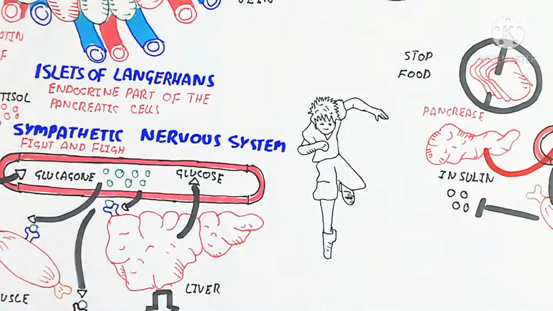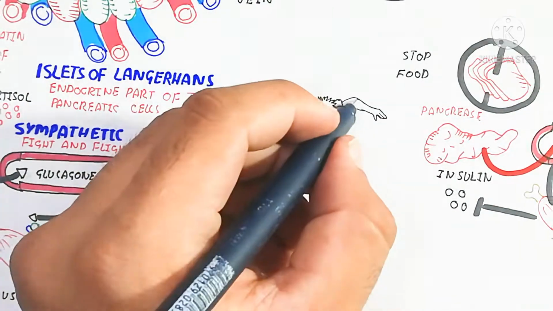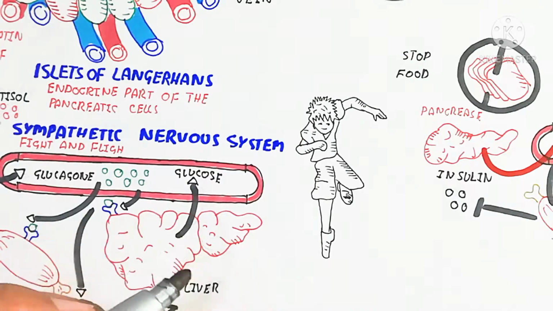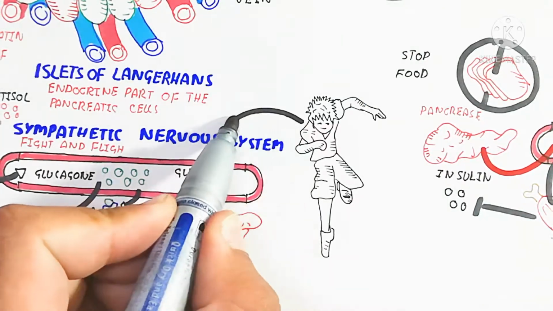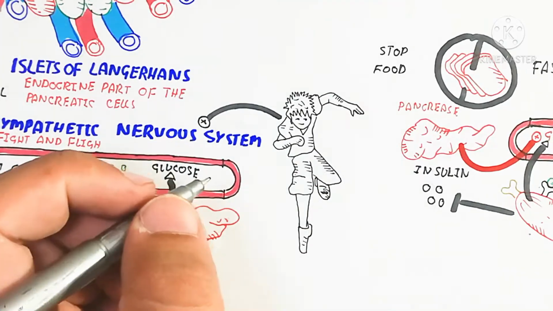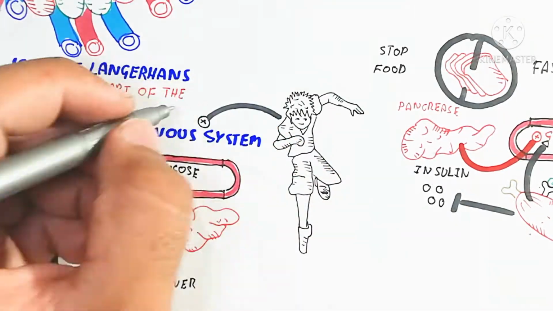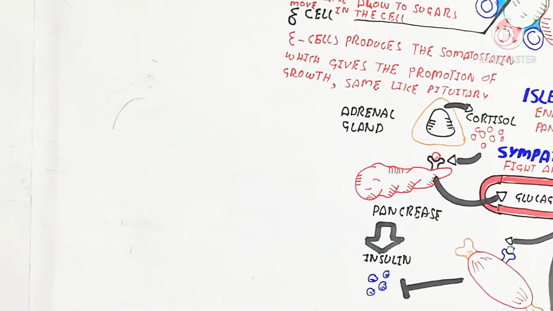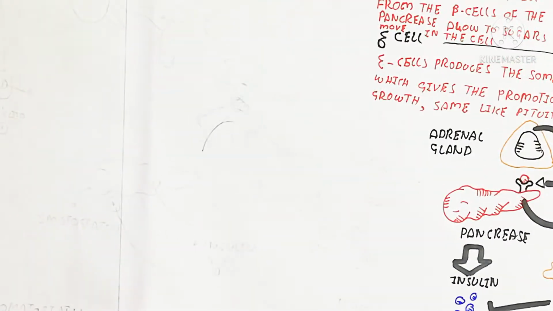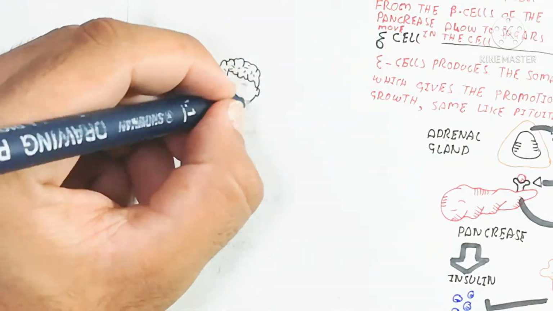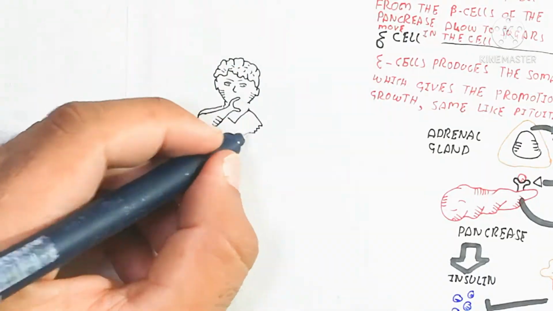Also important here is the sympathetic nervous system during exercise, which uses the same mechanism to increase glucagon. The sympathetic nervous system is enhanced during exercise, for example running, so anabolism will be decreased while catabolism will be increased.